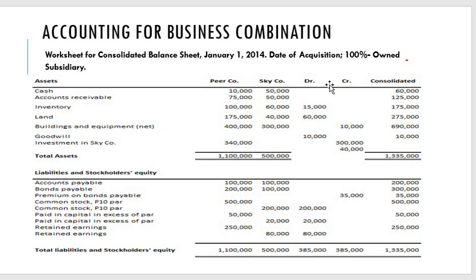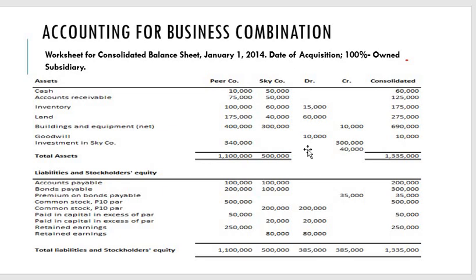Because, right, in the consolidated financial statements, what we record is the book value of the acquirer and the fair value of the acquiree, no? So that's why in our working paper eliminating entries, we recognized the undervaluation and overvaluation so that we can recognize the fair value. Because in the separate FS of Sky Company, it was recorded at book value.